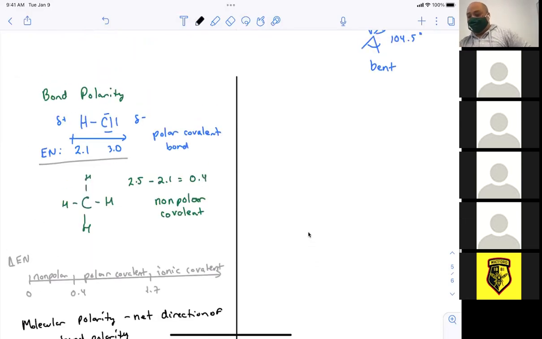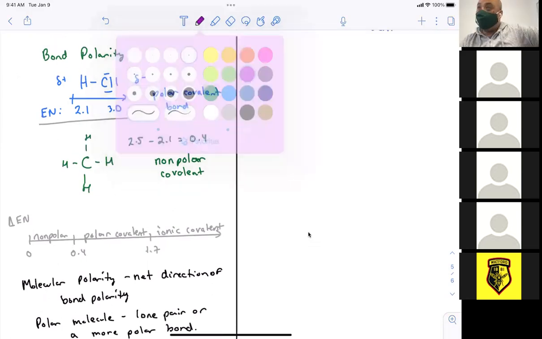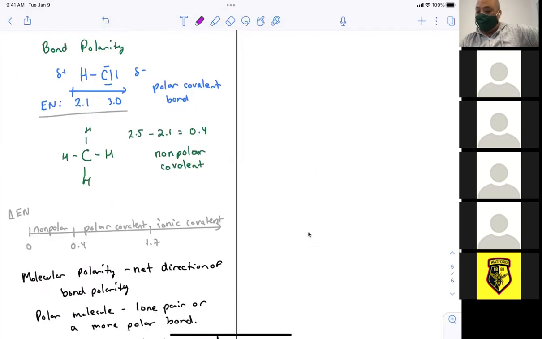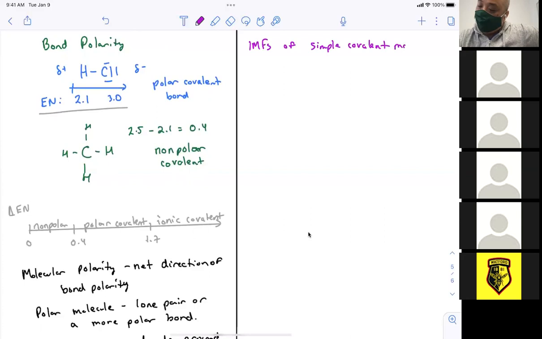Okay. Right column of this. Okay. So the left column is polarity of bond and molecular. The right column, I'm going to do IMFs of covalent molecules. Okay. So this column is IMFs of simple covalent molecules. And what I mean by simple is molecules that are independent of each other.